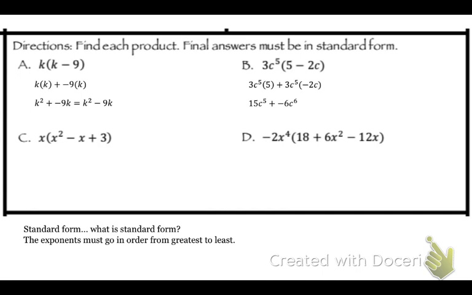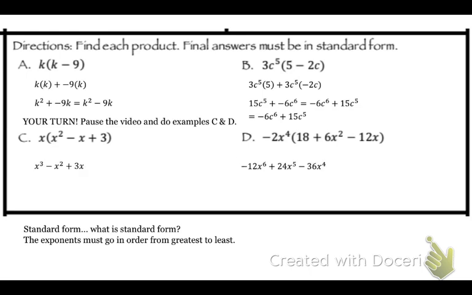You get 15c to the 5th minus 6c to the 6th, but we have to put it in standard form. So that's negative 6c to the 6th plus 15c to the 5th. For C, distribute that in. Now you do those examples. Awesome. And those are the answers to those.